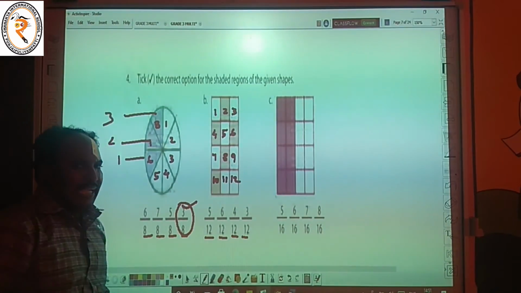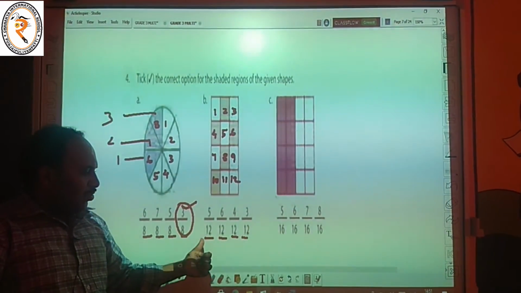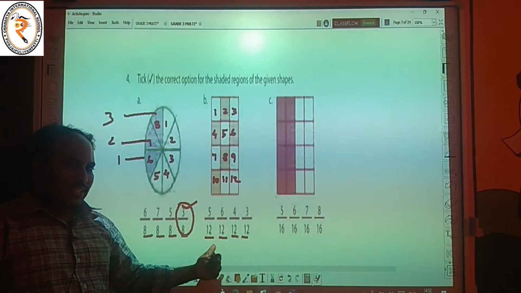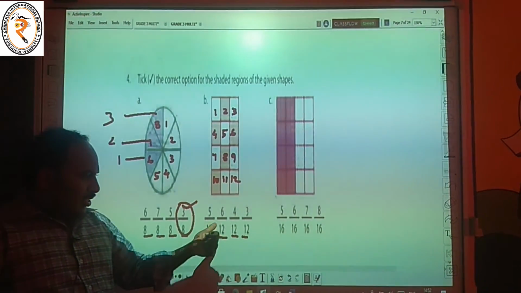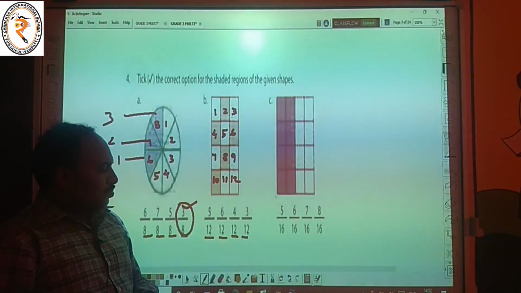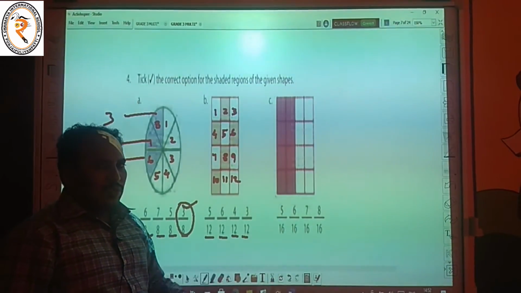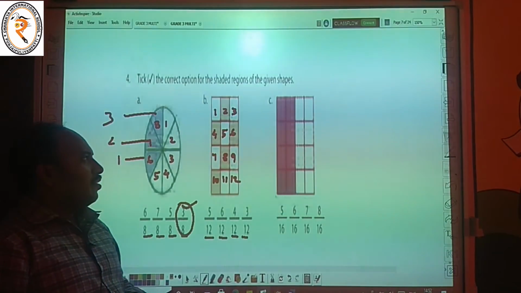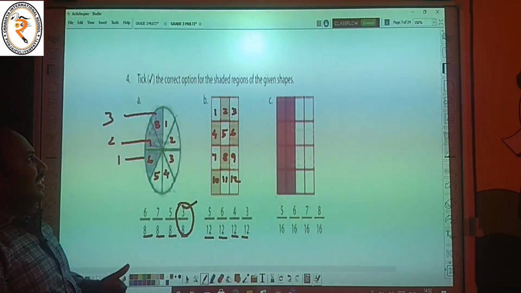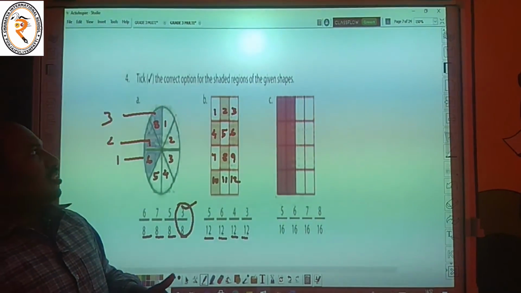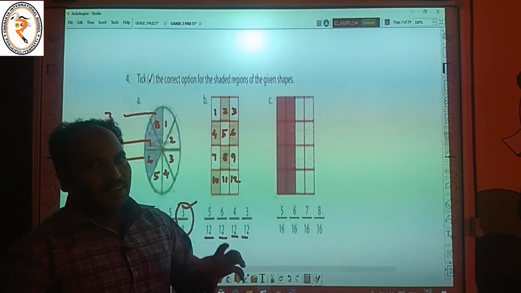Here every denominator is 12. That means the first one is 5 by 12, the second one is 6 by 12, the third one is 4 by 12, and the last one is 3 by 12. We want the suitable answer, that means tick the correct options for the shaded region of the given shapes.